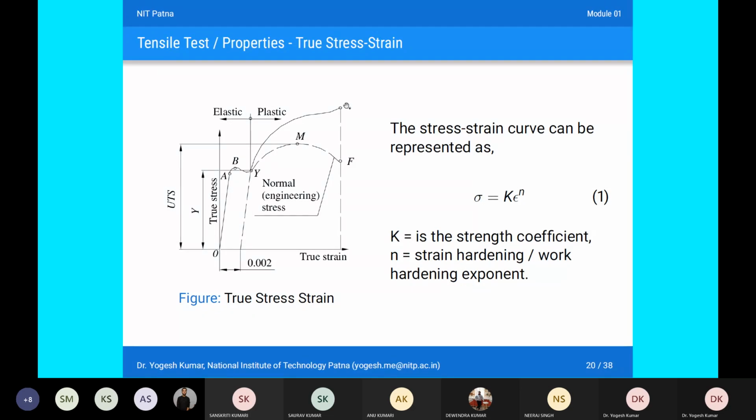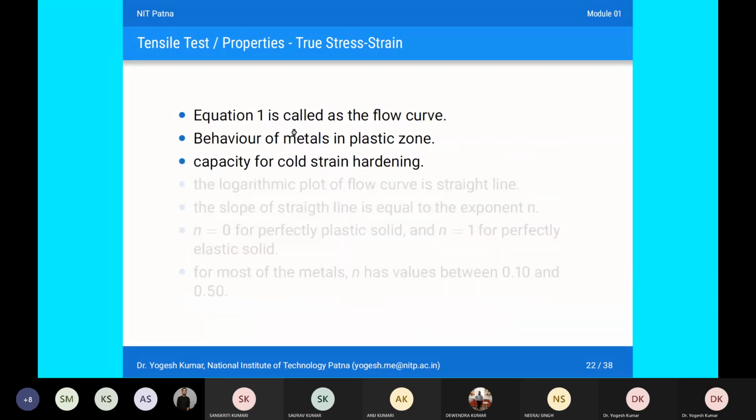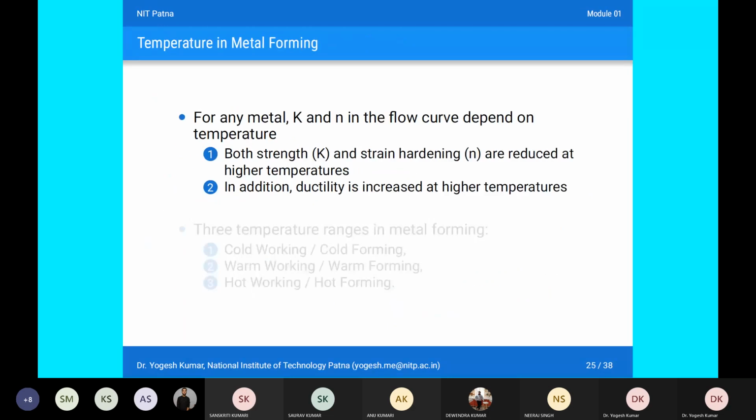So flow stress is the stress which is responsible for the plastic deformation of your material.